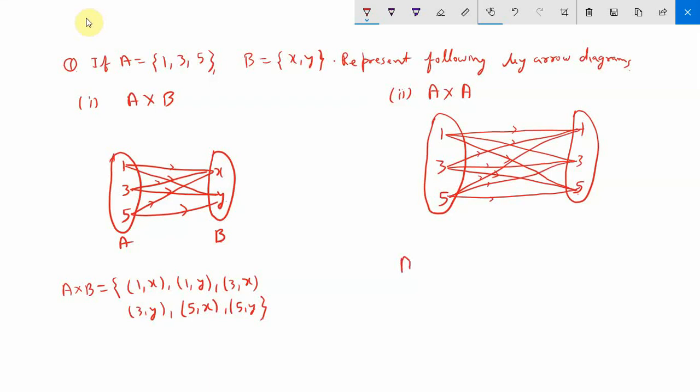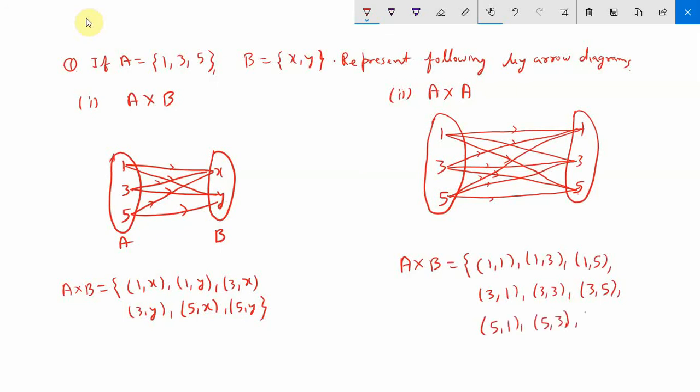And what will be the ordered pairs of A into A? So we can write (1, 1), (1, 3), (1, 5). Okay, next with 3: (3, 1), (3, 3), (3, 5), and with 5: (5, 1), (5, 3) and (5, 5).